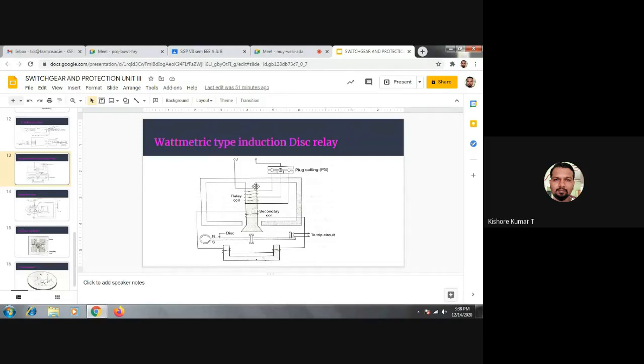Whenever this upper pole gets energized, due to the flux set up by the upper pole, there will be an EMF induced in the coil which is wound on the lower pole, due to which the lower pole also develops some flux which will be in the opposite direction to the upper pole. According to Lenz's law, whatever may be the cause which is used to develop the induced EMF in a coil, that induced EMF will oppose the very cause which is used to develop it.